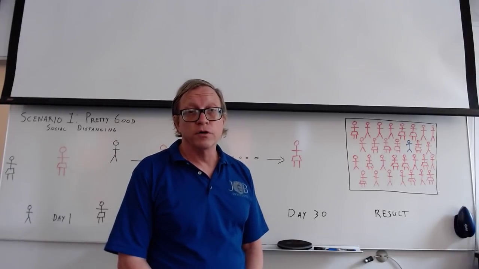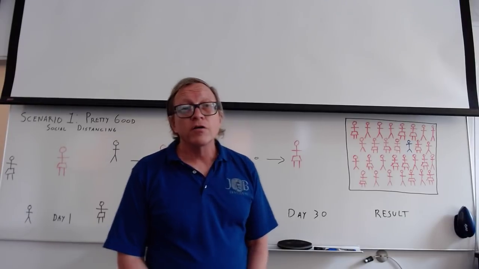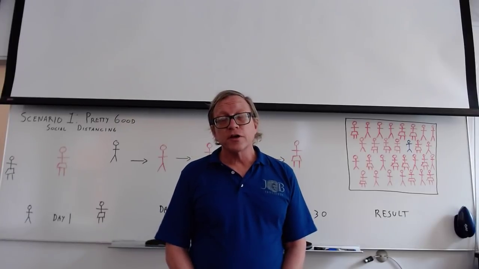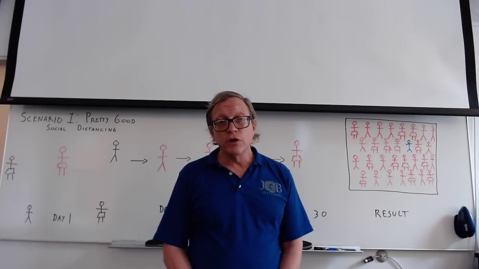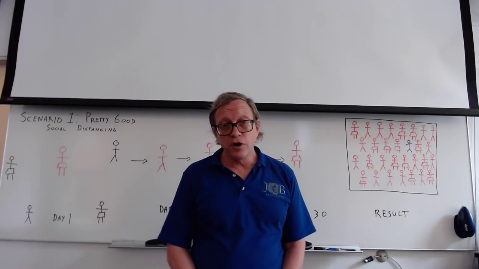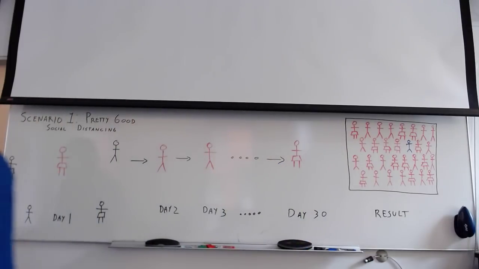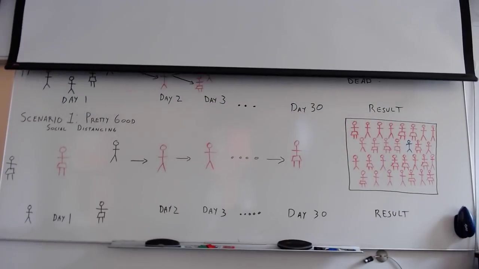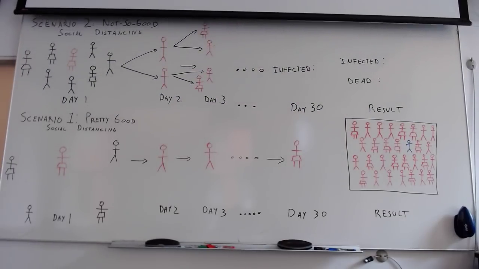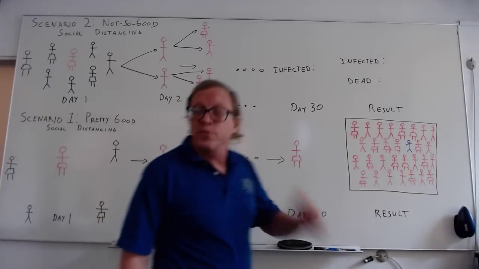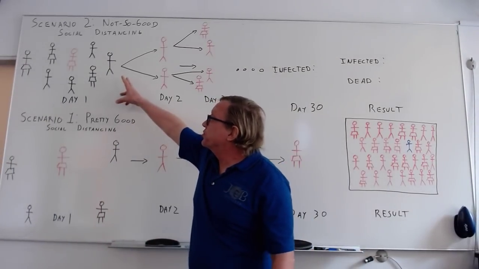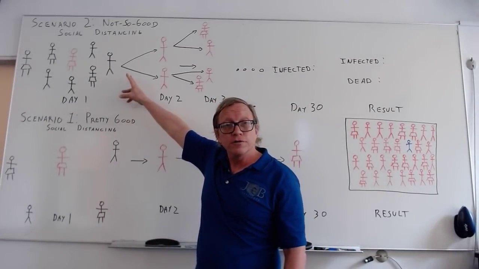And you might wonder, why are we going through all this trouble of the social distancing? Well, the way to understand that is to think about what happens if we don't do even quite so good a job. So let's look at a second scenario. We're now going to imagine that our social distancing is not so good.